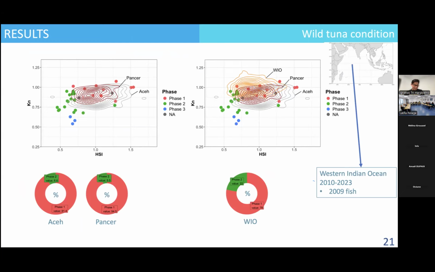Yeah, right now we are looking for funding to collect more data. In North Bali, there is a gradation of FAD density from the west to the east, and we will analyze whether there is any impact of FAD density on the physiological condition.